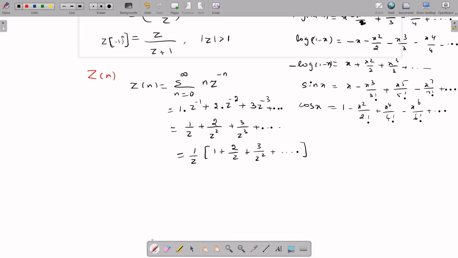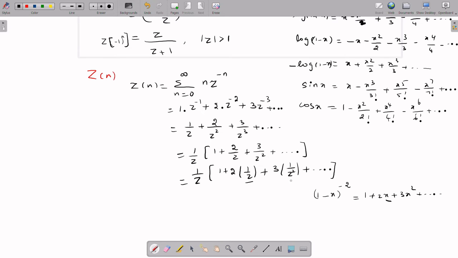So you can write this to be z into 1 by z into 1 plus 2 into 1 by z plus 3 into 1 by z the whole squared plus etc. So this is of the form 1 minus x whole power minus 2, that is 1 plus 2x plus 3x squared plus etc. In the place of x you have 1 by z, and in the place of x squared you have 1 by z the whole square.